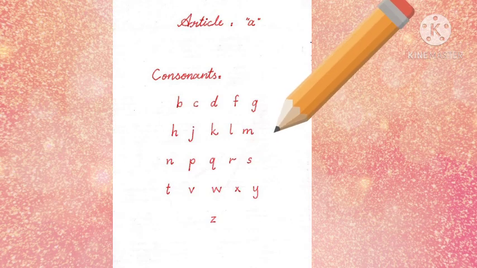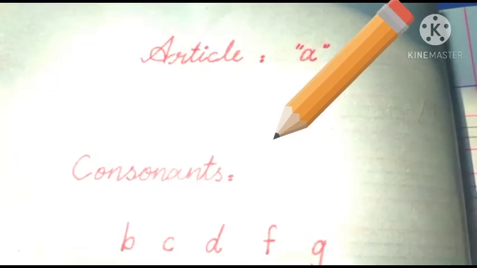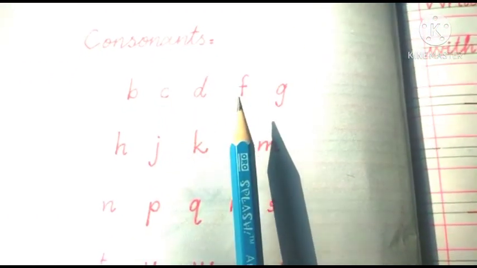So now we will start writing practice on our notebook. So open your notebooks. First of all, we will do practice of article a. And you know where we use article a? With consonants. We use article a with consonants, with the words or nouns that begins with consonant letters. And what are consonants?